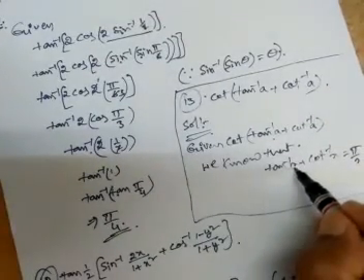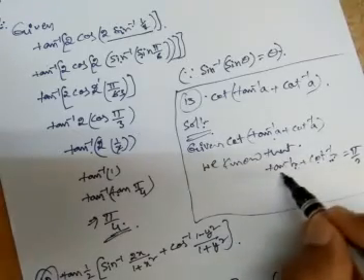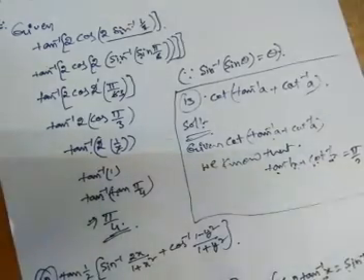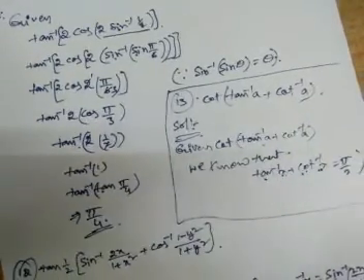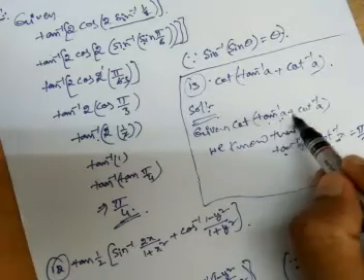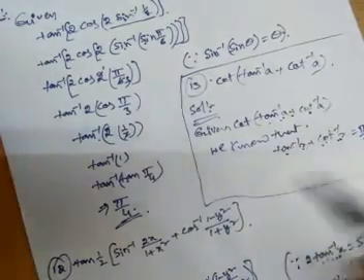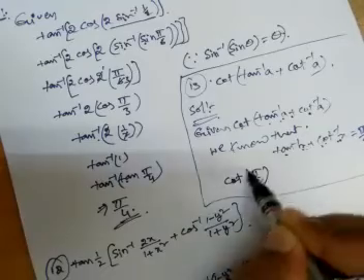Both the angles are equal, and tan and cot are inverse trigonometric functions. Then you can write that particular condition, that is pi by 2. So tan inverse of A plus cot inverse of A gives us pi by 2. So the total answer is cot of pi by 2.